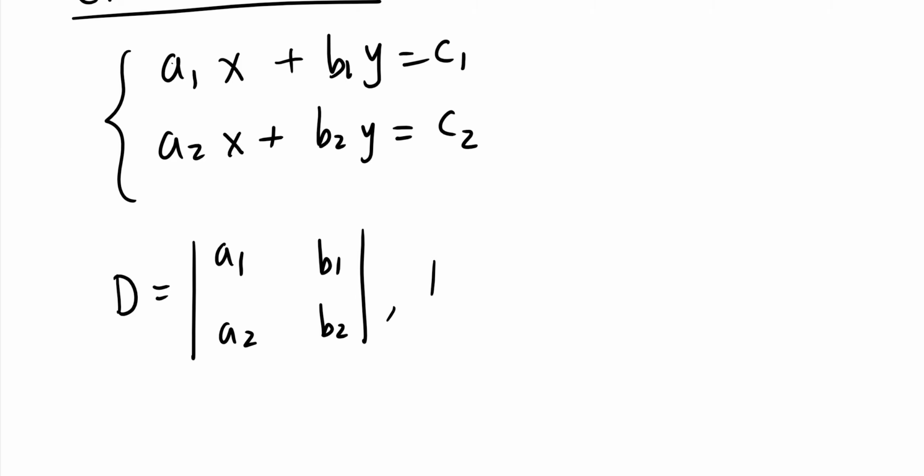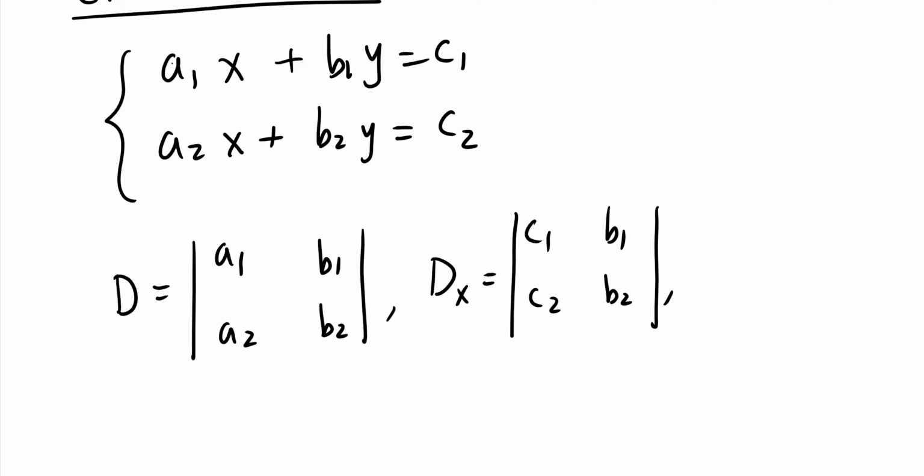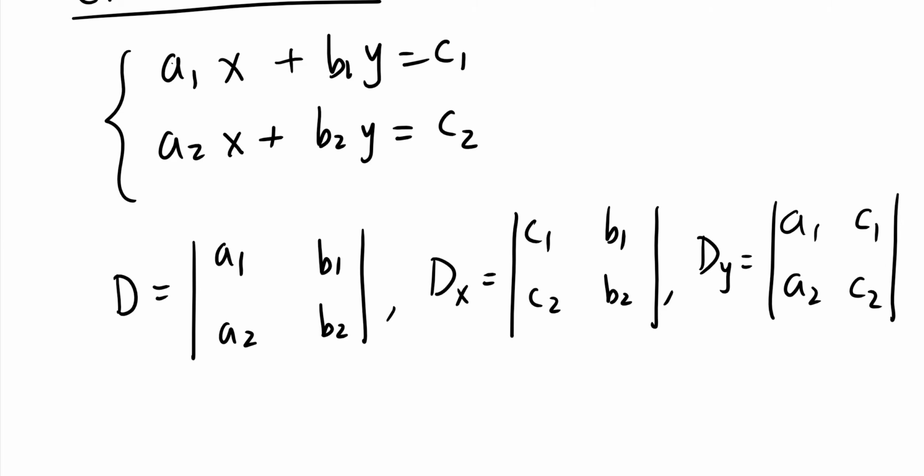And then we find what we call Dx. For Dx, you cover the coefficients of x and replace them with the constants from the right side, the c1 and c2, and keep b1, b2 the same. And then we need to find Dy. For Dy, you keep the coefficients of x, but you replace the coefficients of y with the constants c1 and c2.